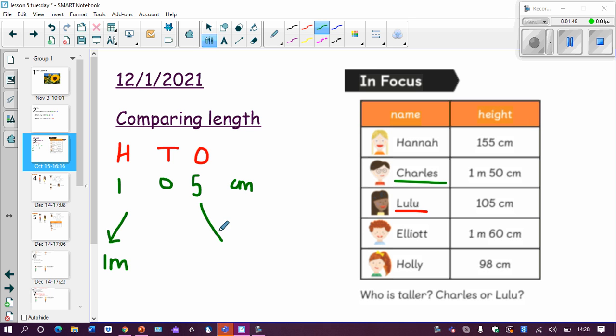I also know that 5 centimetres can stay as 5 centimetres. So Lulu is 1 metre, sorry for the drawing, and 5 centimetres long. Very bizarre looking 5.